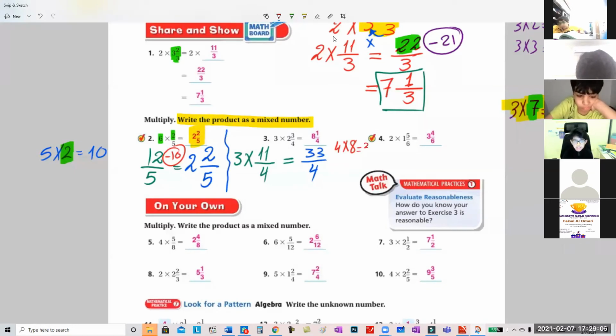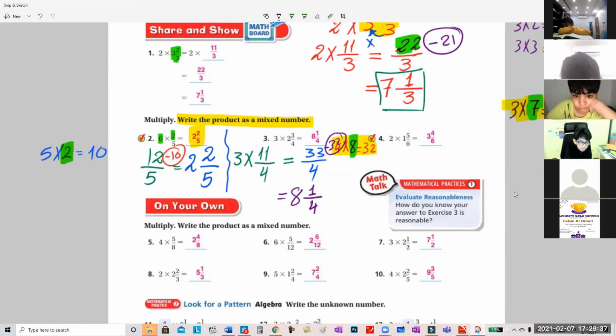Excellent. 4 multiplied by 8 equals 32, right? So we put the 8 as a whole number, and we subtract 32 from 33. It will be 1 over 4, the denominator the same. Great job. Thank you so much.